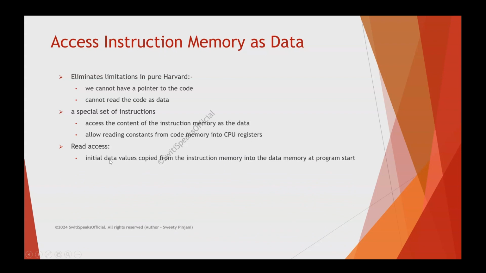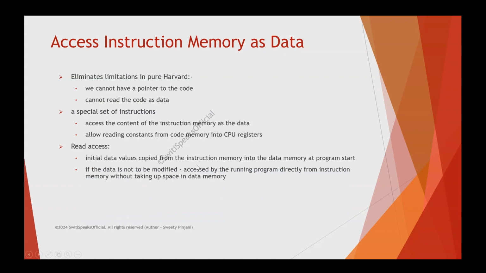Initial data values are copied from your instruction memory into the data memory at the start of the program. So there can be certain data values inside your instruction memory, initial values, which we need at the start of the program. These values can be copied into data memory. Then say the data is not going to be modified.